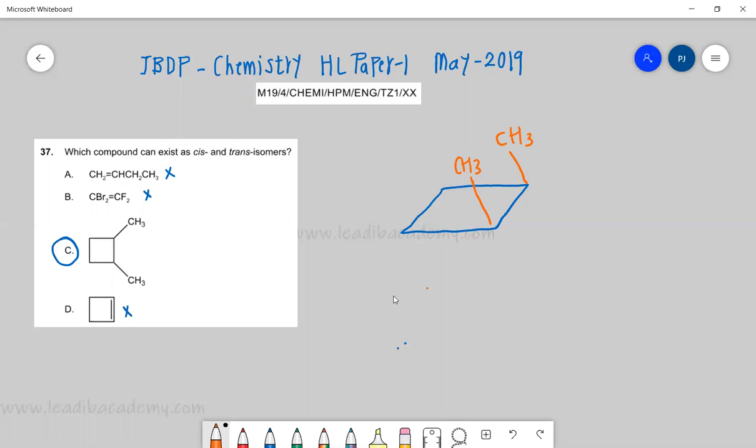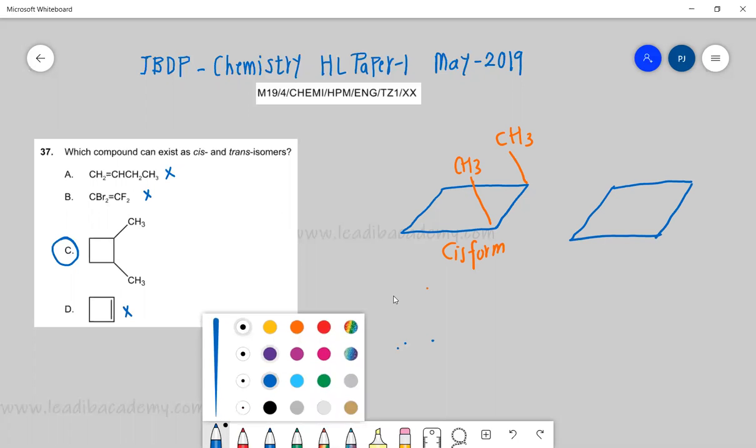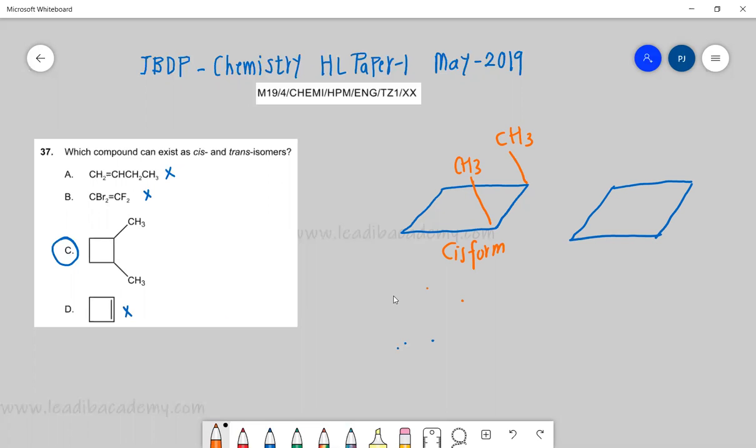So obviously this would be a cis form. That means these two methyl groups are closer to each other, and there could be another form which is like this, where we maintain one methyl group like this and the other like this.